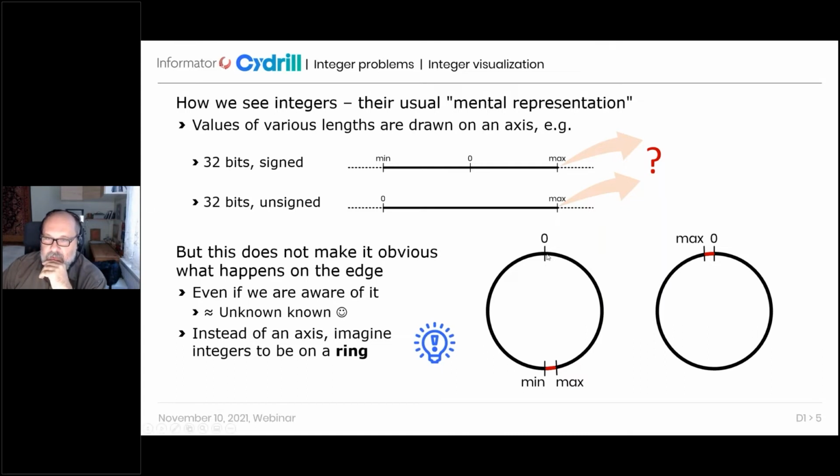You start off from 0, let's say, and as you start incrementing this value, you don't go this way on the axis, but you go this way down here on the ring, and when you reach the maximum value and you add 1 to that, and I mean the maximum value for that specific arithmetic architecture that you may have, in most cases 32 bits, maybe 64, then you simply get the minimum value.